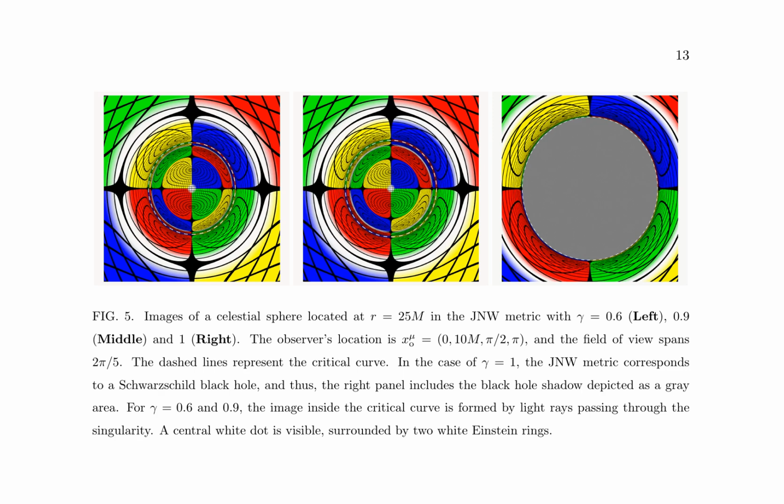For an observer located at x_O = (0, 10M, π/2, π), with a field of view spanning 2π/5, the images show the critical curve represented by dashed lines. The black hole shadow appears as a gray area for the Schwarzschild black hole case, γ = 1.